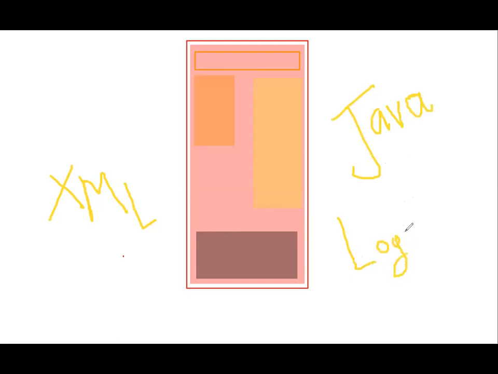So we need to learn XML for designing, putting the contents, and making the layout for your mobile app, and Java to give it... What does Java do? Tell me. To give it the programming, like the moving things. Yeah, we say that logic. So that will give logic, while XML gives the contents and designs. Okay, makes sense.